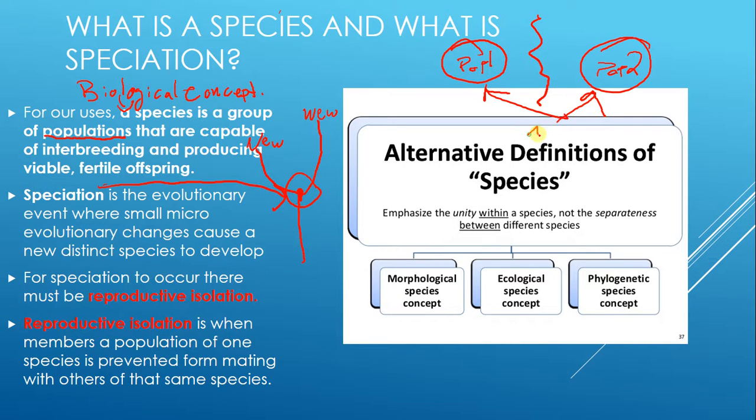There's no mating between members of these two populations. That's reproductive isolation. Your book talks about a few other definitions of species. These are interesting to look at and to see the differences between the biological concept and these concepts, but it won't really be necessary for the AP exam at all.